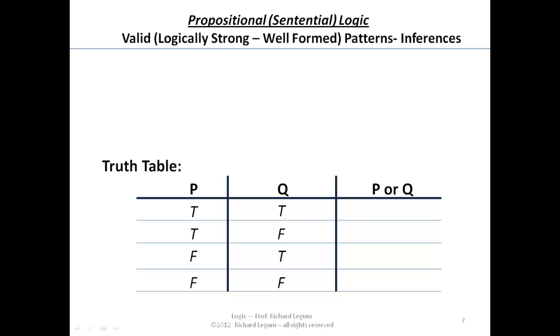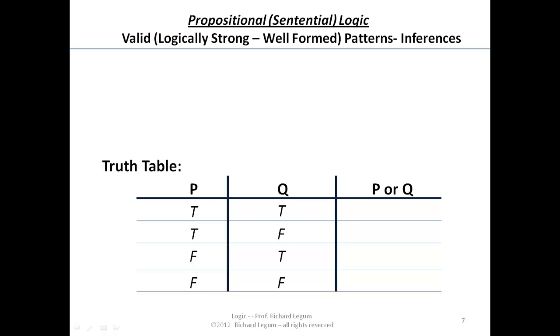Let me back up. We were talking about P or Q, that is a new proposition that's made up of the connection of two other propositions and one of the logical terms, in this case "or."